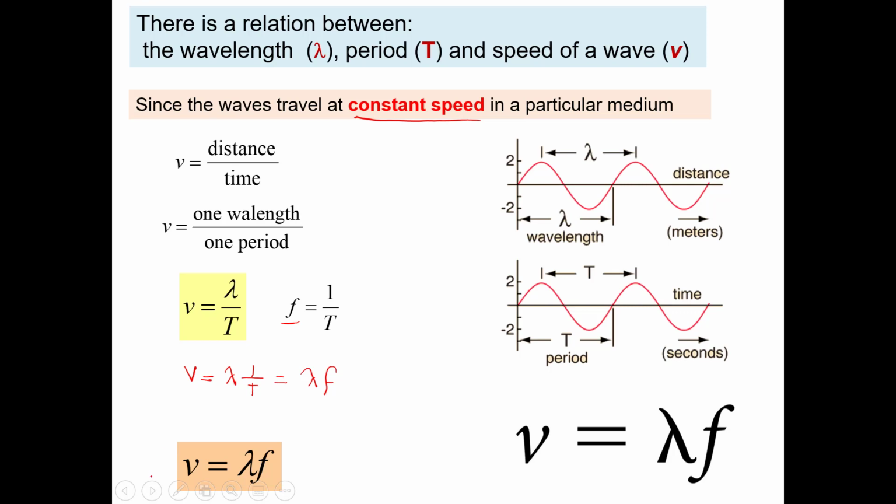The velocity of the wave equals the wavelength multiplied by the frequency. Also, the velocity of the wave equals the wavelength divided by the period. And remember, for one wavelength corresponds one period.